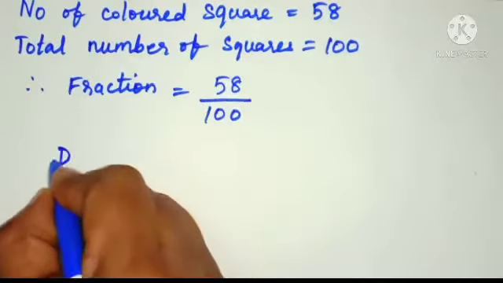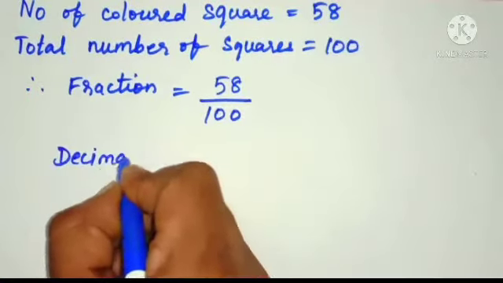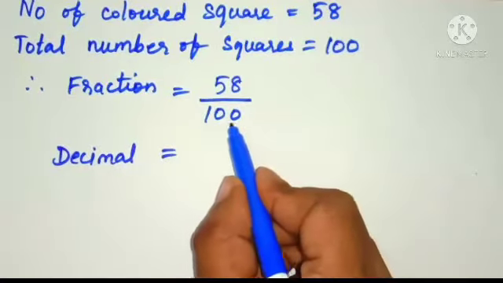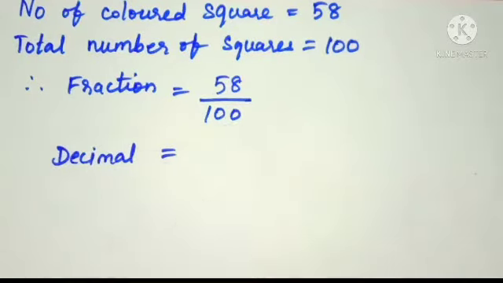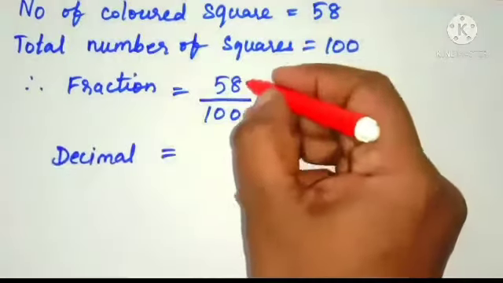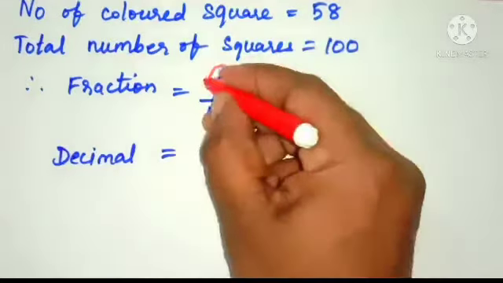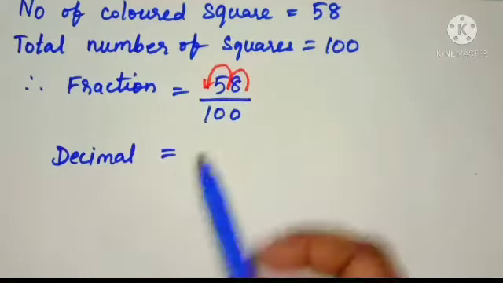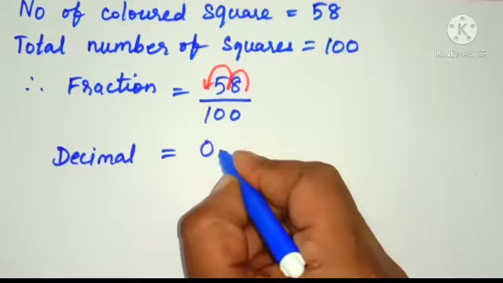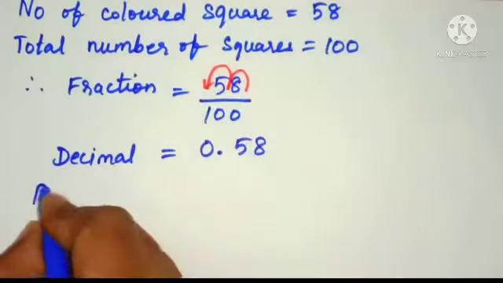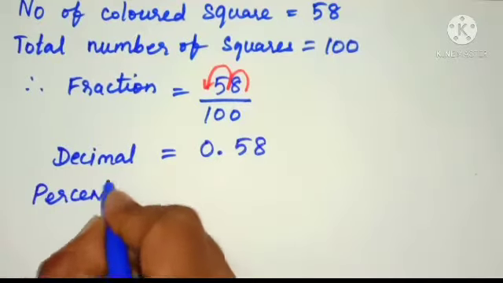And children, we know how to convert a fraction into a decimal. See, in the denominator there are 2 zeros. Thus, we have to move the decimal point 2 digits, 1, 2. Therefore, the decimal number will be 0.58. And what is the percentage?